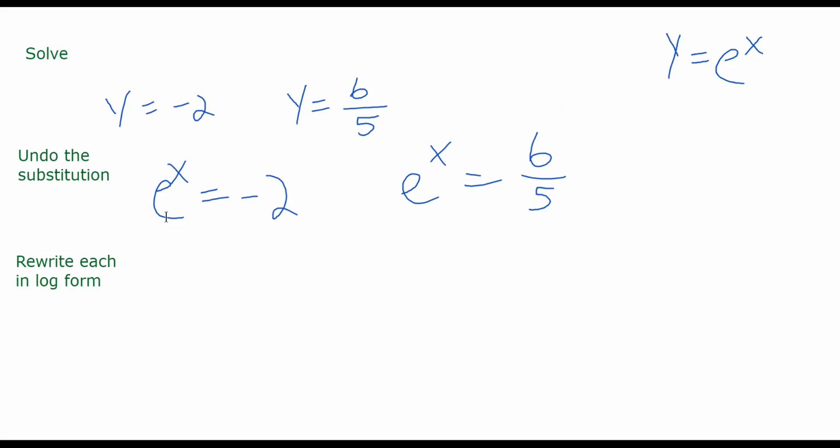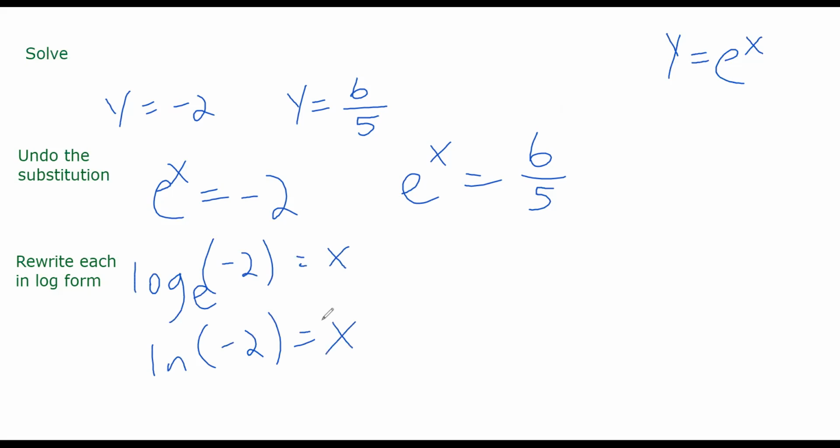So remember, rewriting an exponential as a logarithm, it's going to be log base e of negative 2 equals x, aka ln of negative 2 equals x. Because the log base e is just the natural log.